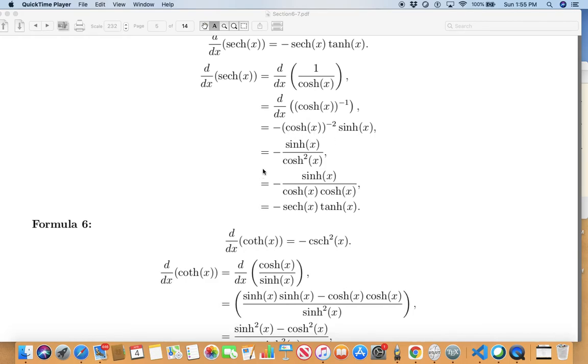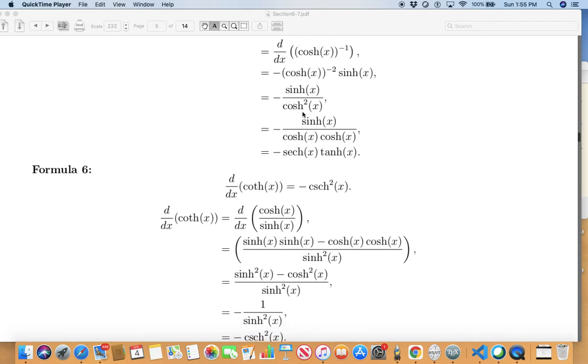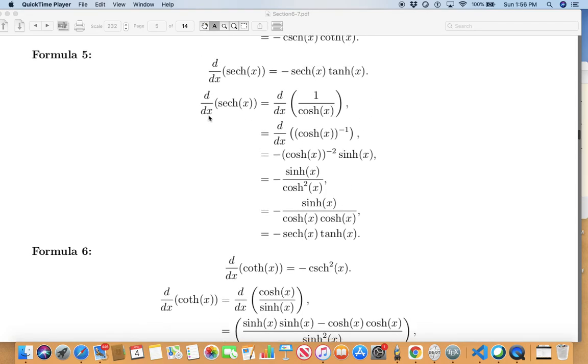Put it all together: negative sine hyperbolic on the top over cosine hyperbolic squared x. So that gets me, let me separate this, negative sine hyperbolic over cosine hyperbolic times 1 over cosine hyperbolic. 1 divided by cosine hyperbolic is secant hyperbolic. Sine hyperbolic over cosine hyperbolic is tan hyperbolic. So you have the derivative of secant hyperbolic is negative secant hyperbolic x tan hyperbolic x.